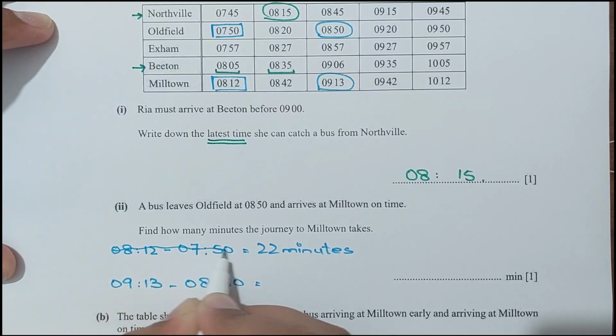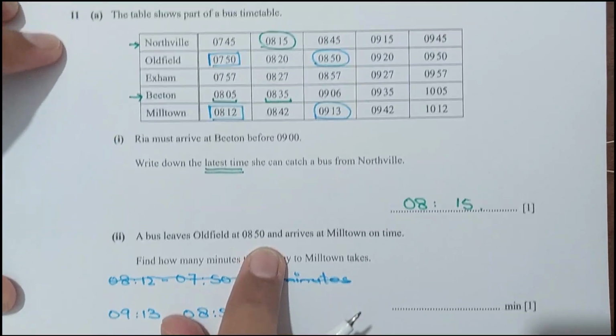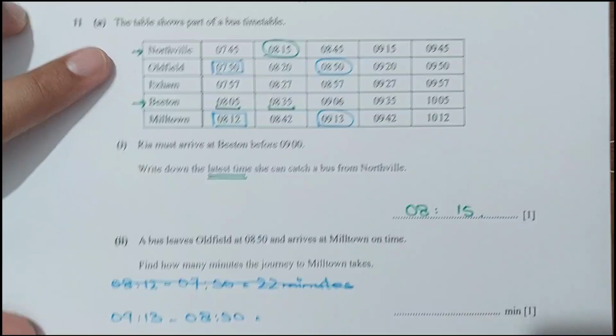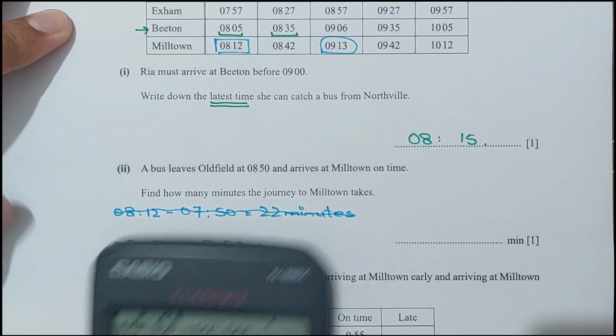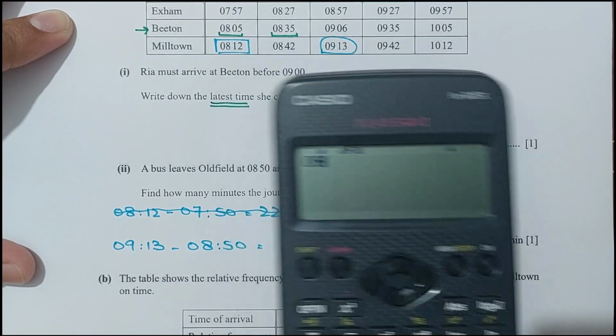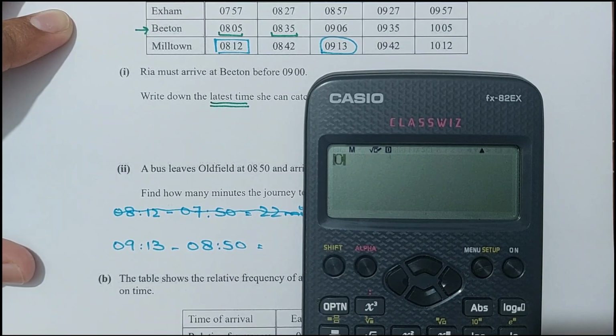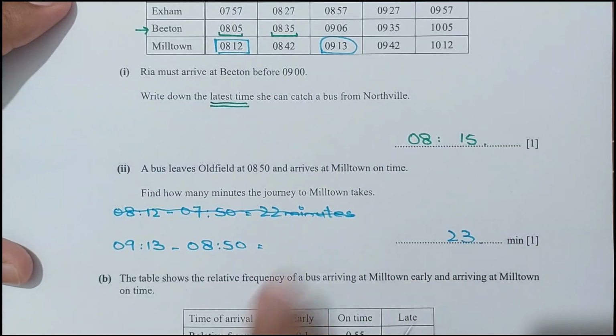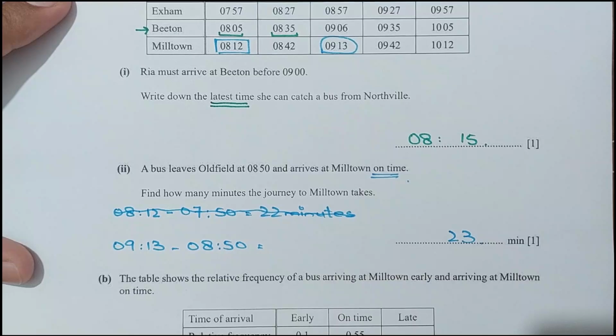No need to do this, because before I thought that 8:50 is not given in this table, but it is given. So just subtract. 9:13 minus 8:50 is 23 minutes, right? When it is on time, right?